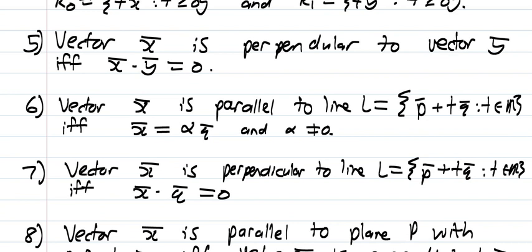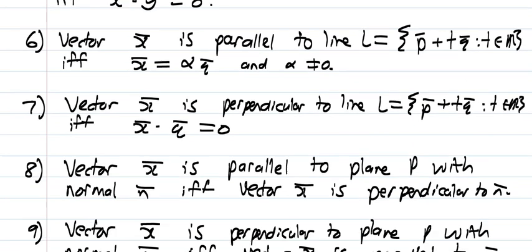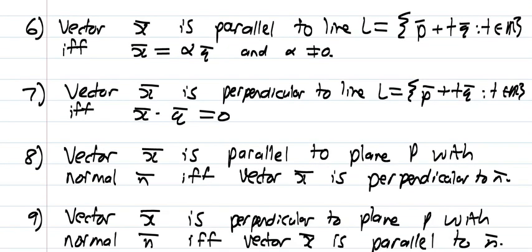Again, that scalar must be non-zero. We also say that vector x is perpendicular to the line L, let's use the same form, p plus tq, where t is a real number, if and only if x dot q is equal to the value 0.